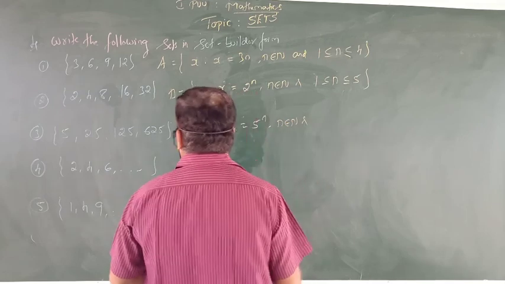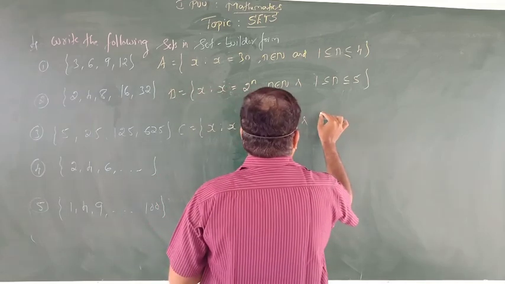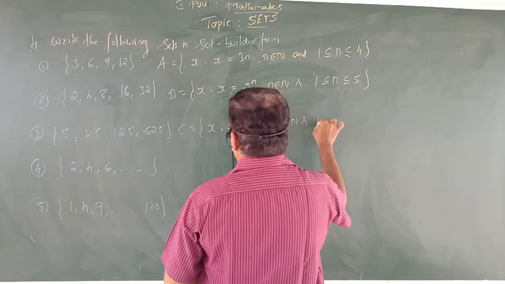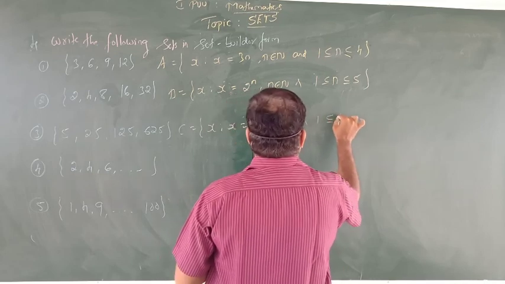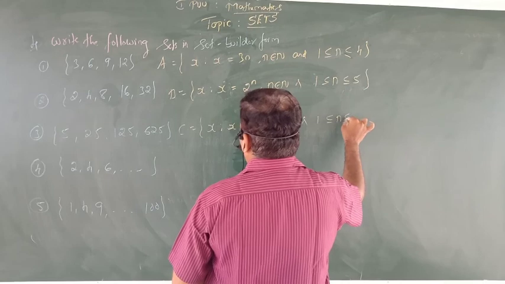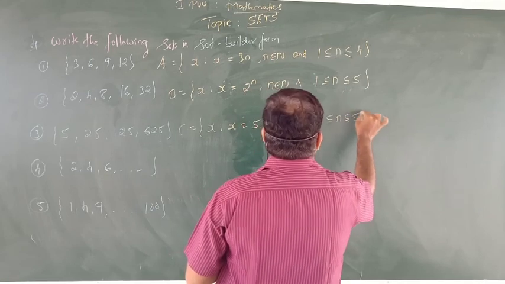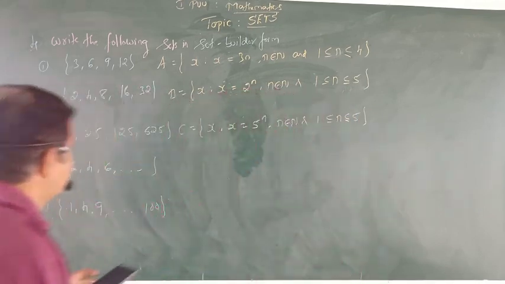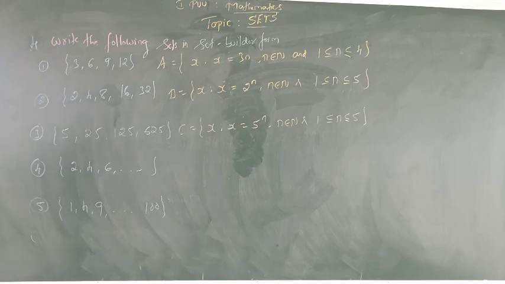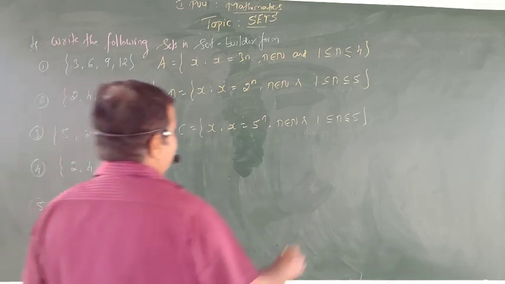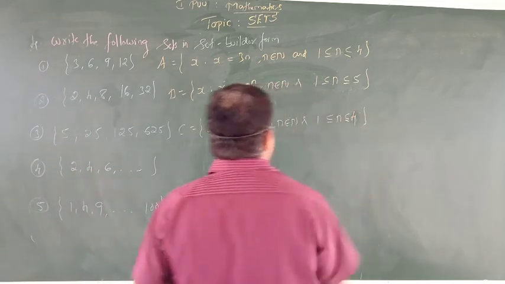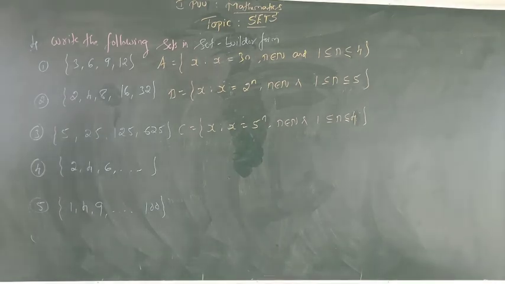And one more condition: 1 should be less than or equal to n, and n should be less than or equal to 5. So you can write like this. So 5 to the power of 5. One more: in 5 to the power of 4, 5 once, 5 twice, 5 three, 4 times. It will be 4 times 625.